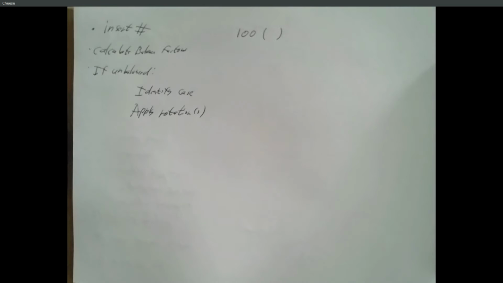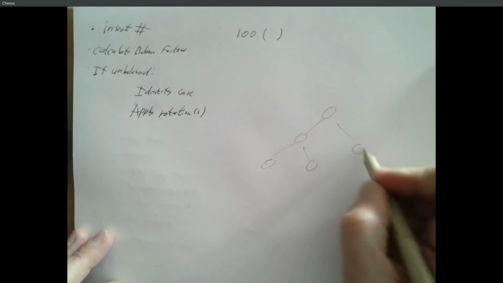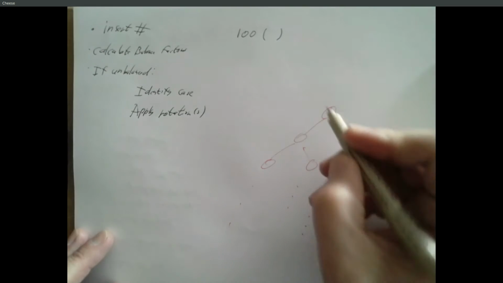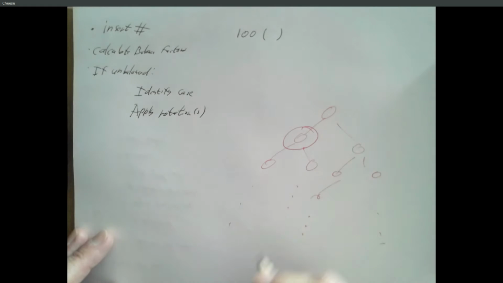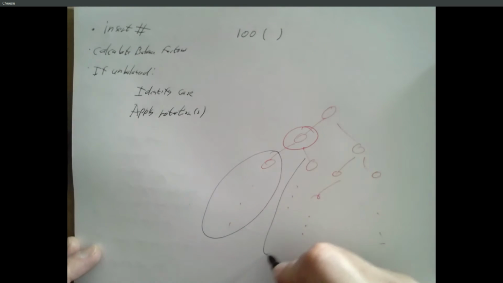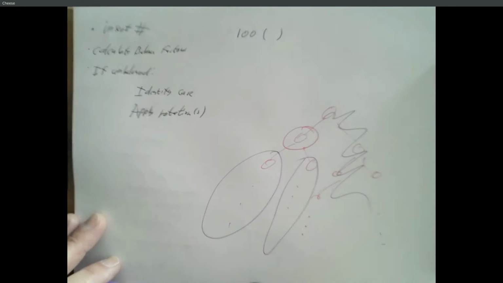Second thing, balance factor is a function of each node. If you have a tree and there's stuff going on down here, and you want to find the balance factor of this node, look at the left subtree and the right subtree of this node, which means none of this other stuff matters.